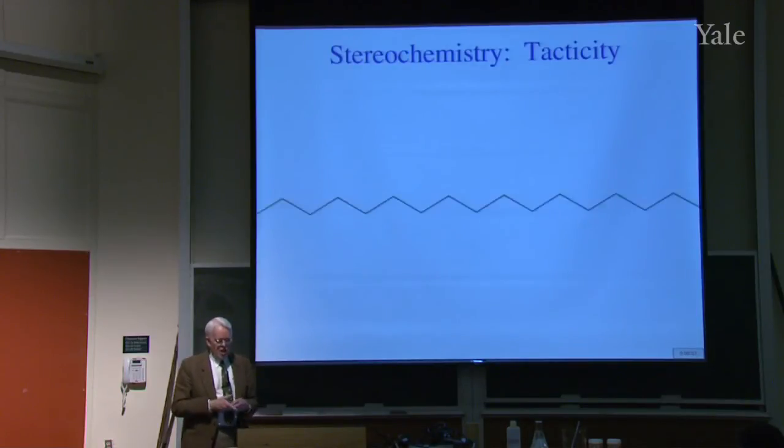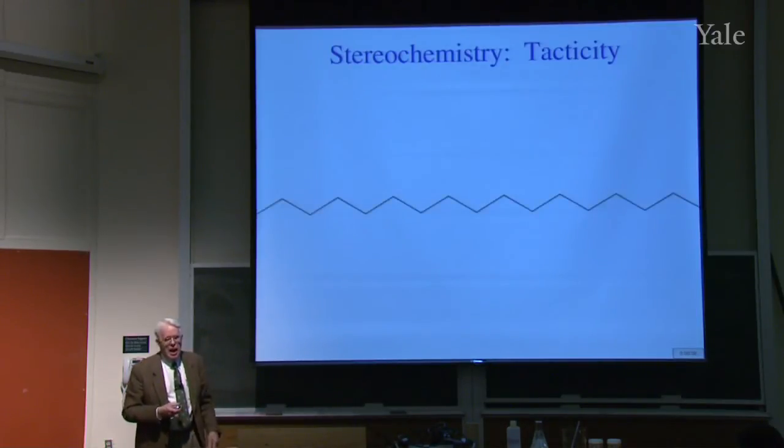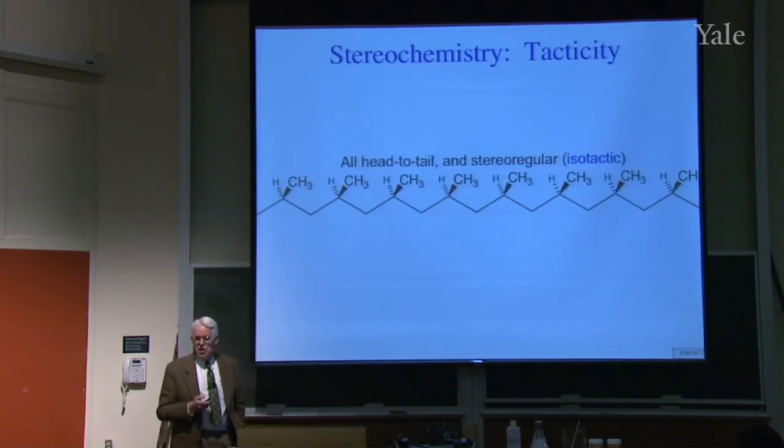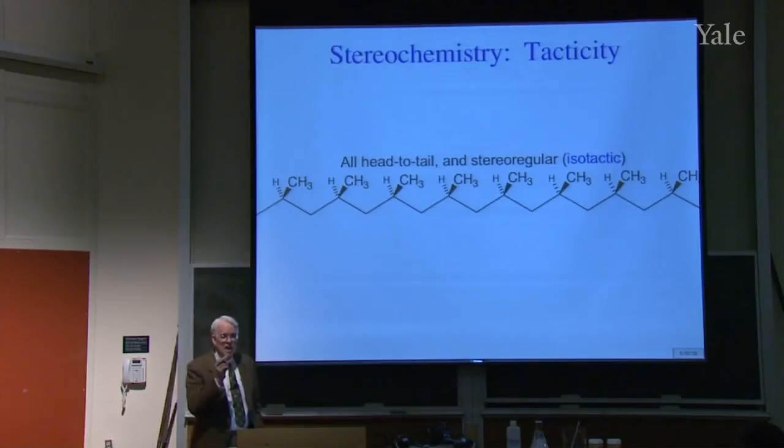If you have a polymer chain and the alkenes had, say, methyl groups on it, propylene instead of ethylene, then you have a bunch of stereo centers, okay? Now, notice that every alkene went in head to tail. That is CH2, then CH2, CHCH3, CH2, CHCH3, CH2, CHCH3, okay?